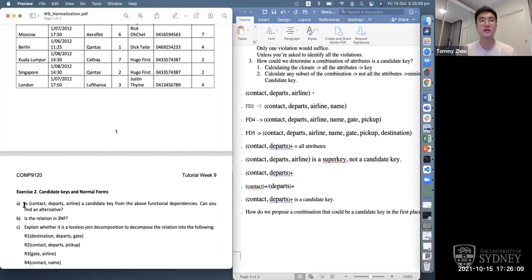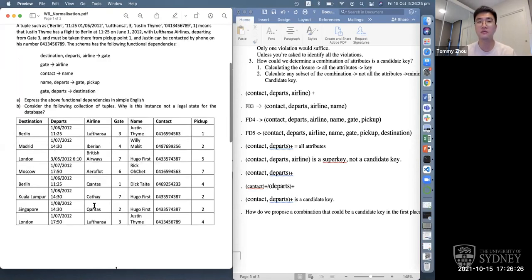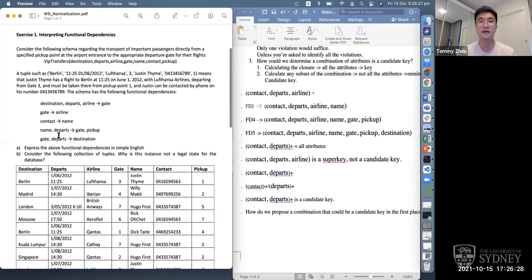If we don't get this proposal as the first instance we want to verify, what is the first combination you want to propose? Anyone? You got any thoughts just by looking at these FDs?